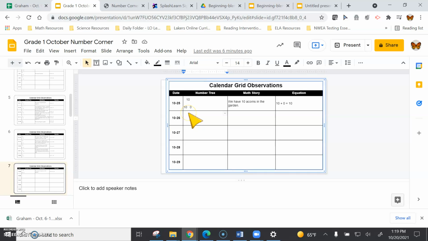So we had 10 things all together. We had 9 acorns and 1 chestnut. We had 10 nuts in the garden.